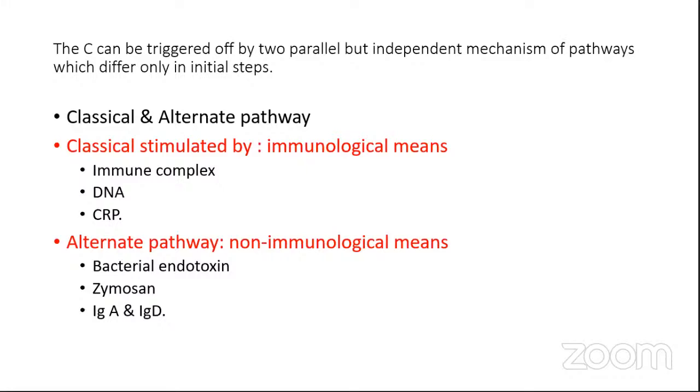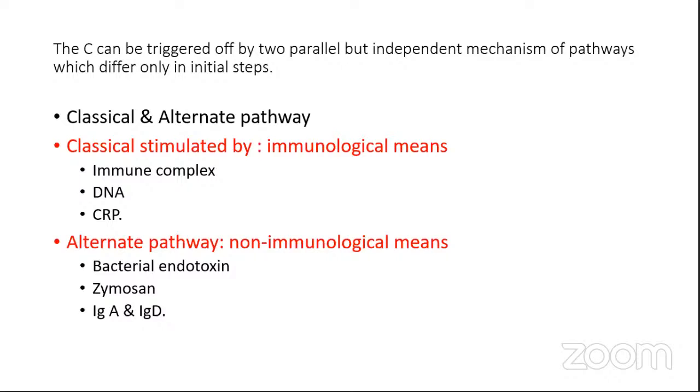And this complement can be triggered off by 2 parallel but independent pathways, which differ only in the initial steps, after which they have similar steps from C3 onwards. They are the classical and alternate pathways. What is this classical pathway?